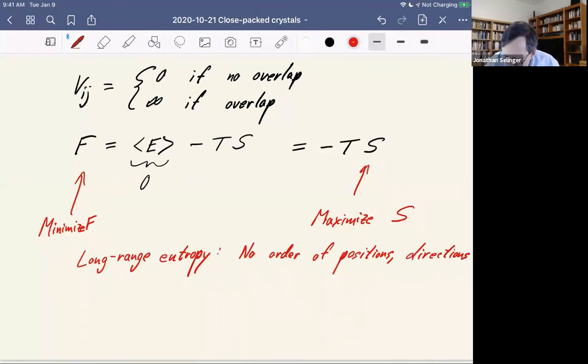Right? But there's also a kind of short-range entropy for the particles. And that is that we want room for the particles to vibrate around.